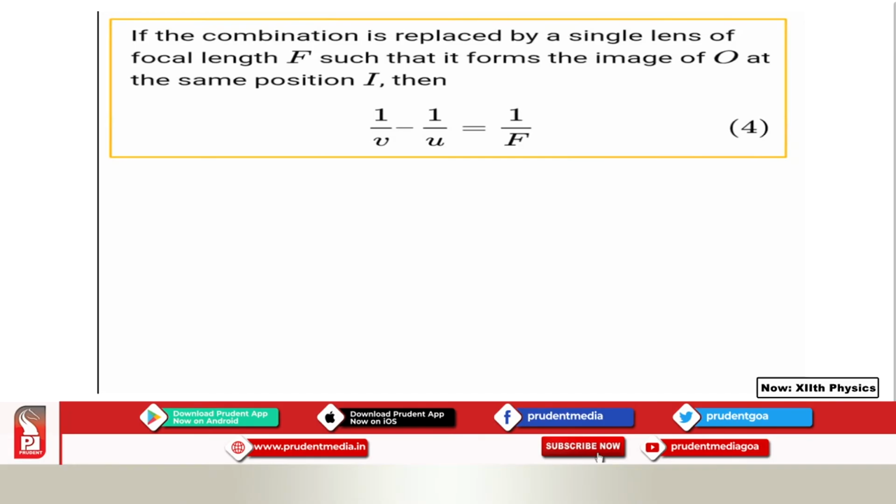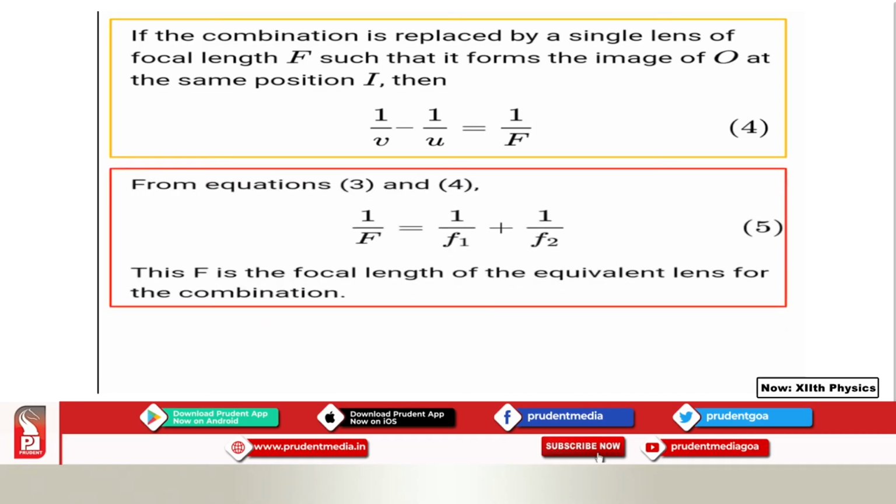Now, if the combination of the two lenses is just replaced by a single lens, then we can apply the lens formula to it and we will get 1 upon f equals 1 upon v minus 1 by u. So, from this and the previous one, I can say that 1 by f equals 1 by f1 plus 1 by f2. So, f is the focal length of the equivalent lens of the combination.